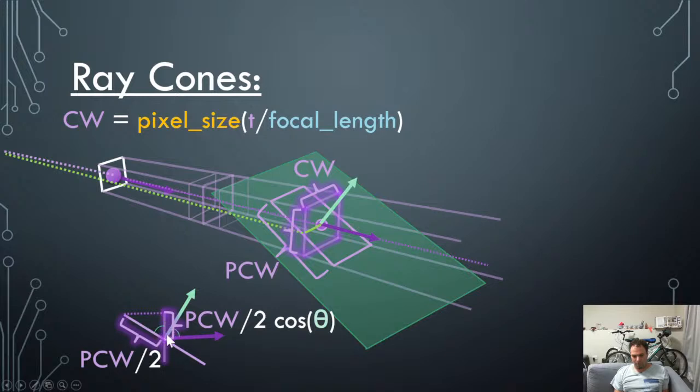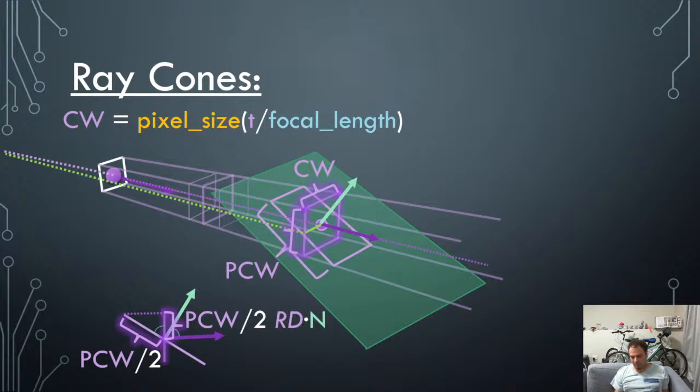We can prove that easily, and we have this right triangle here, so this one is the projected cone width over 2, and this is the cone width over 2. So this is the projected cone width over 2 times the cosine of this angle, and this is the original cone width over 2.